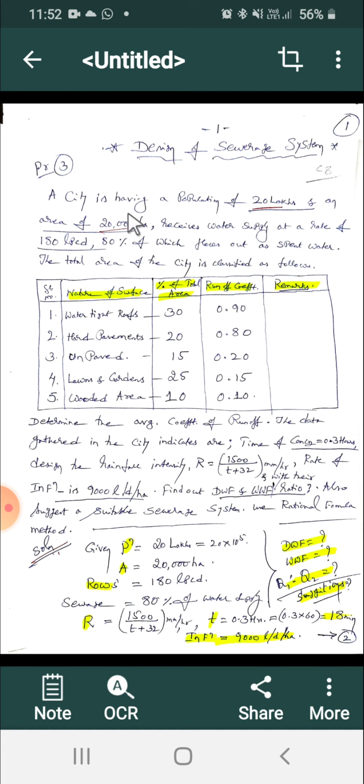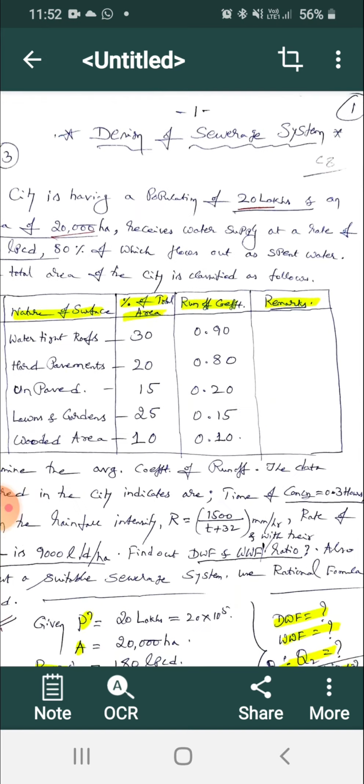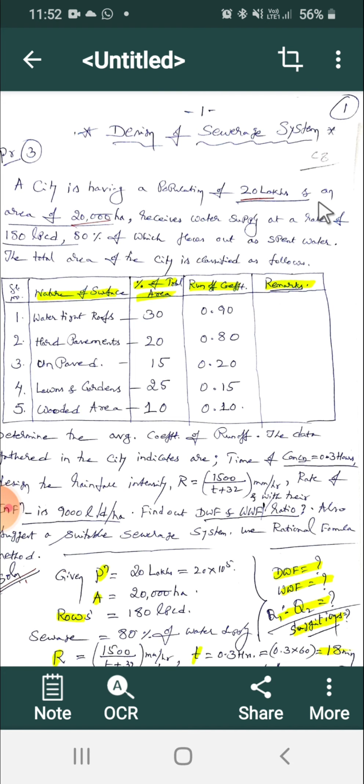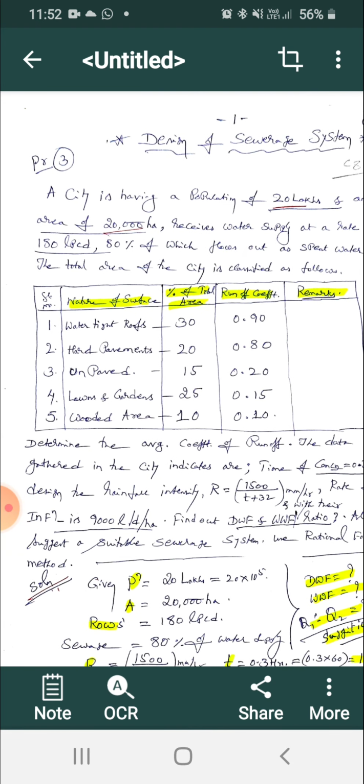A city is having a population of 20 lakhs, and an area of 20,000 hectares.